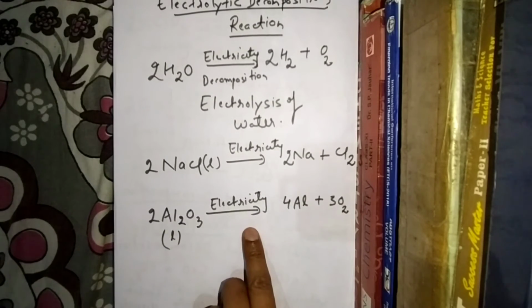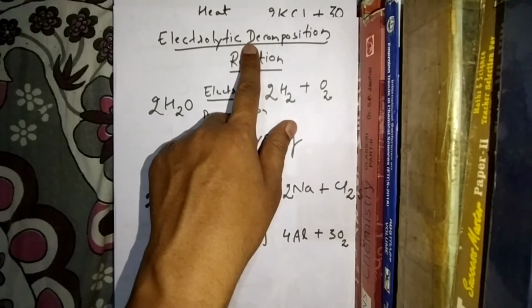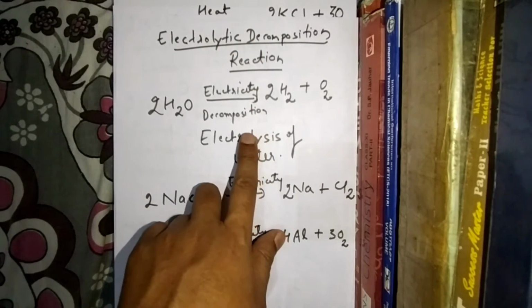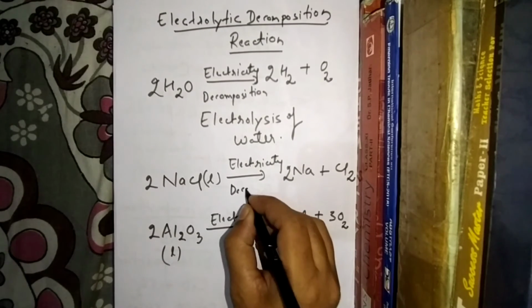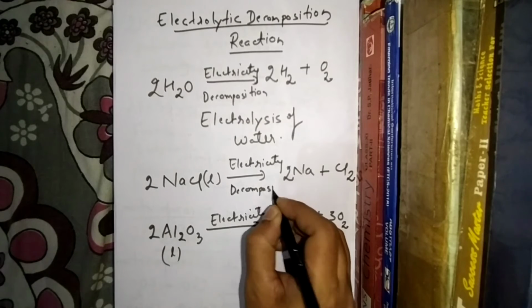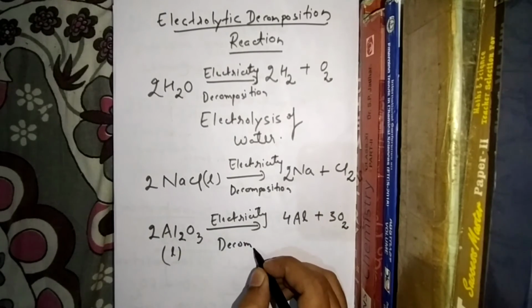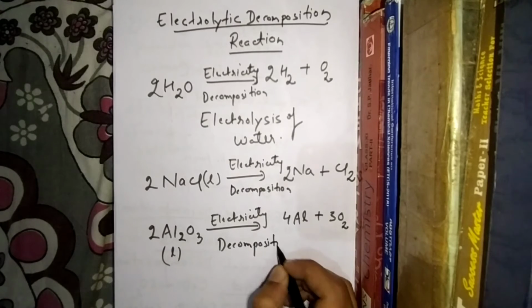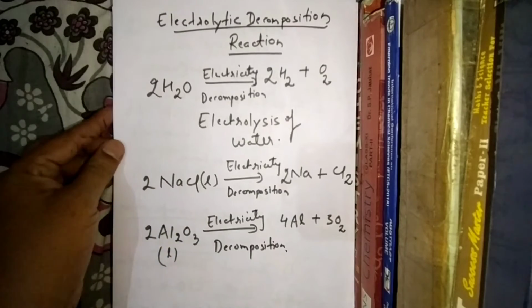So again, it is an example of electrolytic decomposition reaction. So the decomposition reactions which take place with the help of electric current are known as electrolytic decomposition reaction. So we have these three examples of electrolytic decomposition जिनको आप याद करना है.